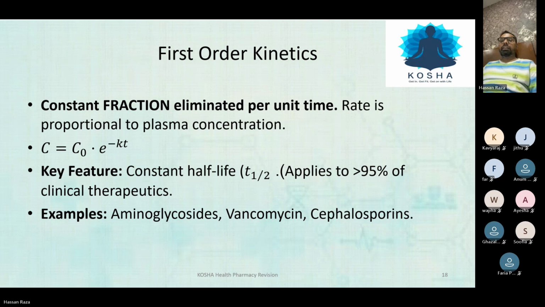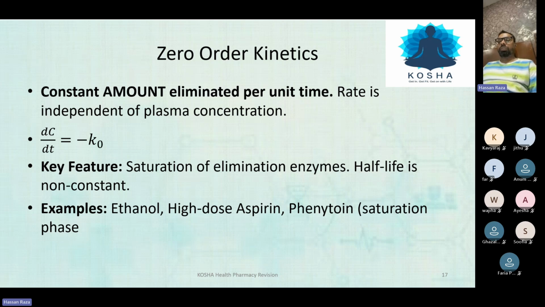So they are concentration dependent. You need to memorize one more thing as well. If a drug follows first order elimination, its half life will be constant. But if a drug follows zero order kinetics, its half life will not be constant.